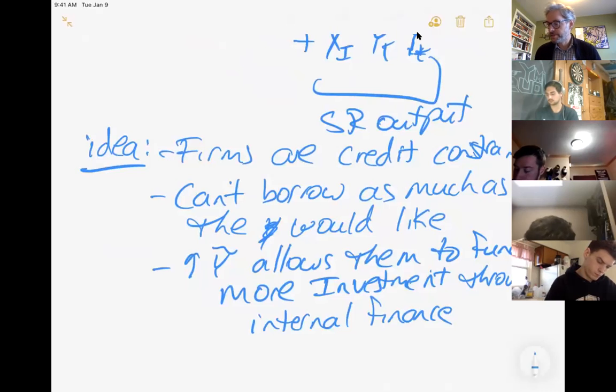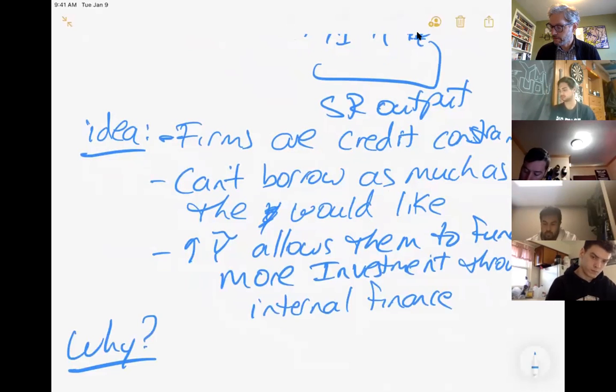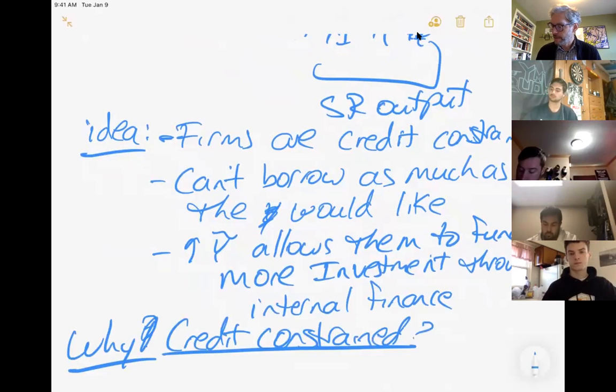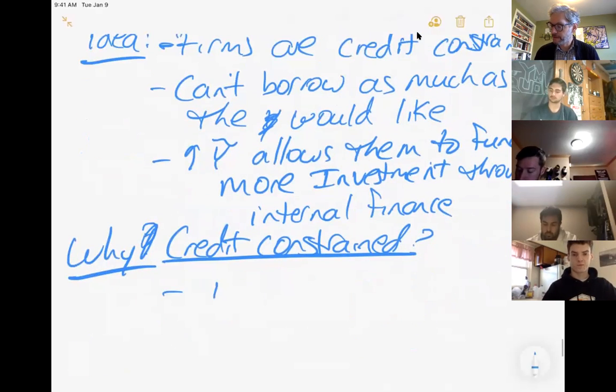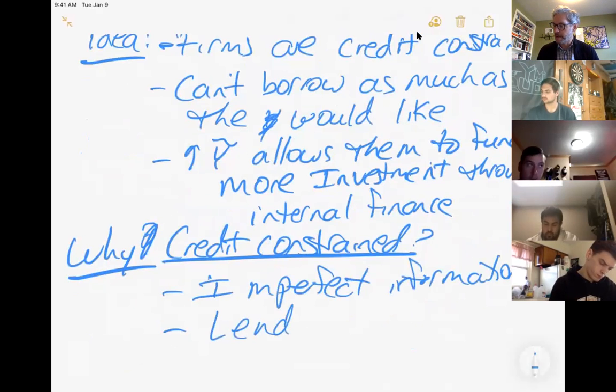And once again, let me just re-emphasize here. Why credit constrained? They are credit constrained because of imperfect information, and the fact that lenders have worse info than borrowers.